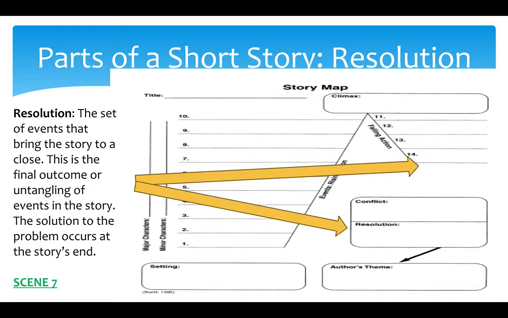And again, it doesn't have to be a happy ending, but it does need to be satisfying. So your reader needs to feel like this is a good place that's come to an end without any questions left. So that's our seventh scene, and that ends really the story map or your plot map.